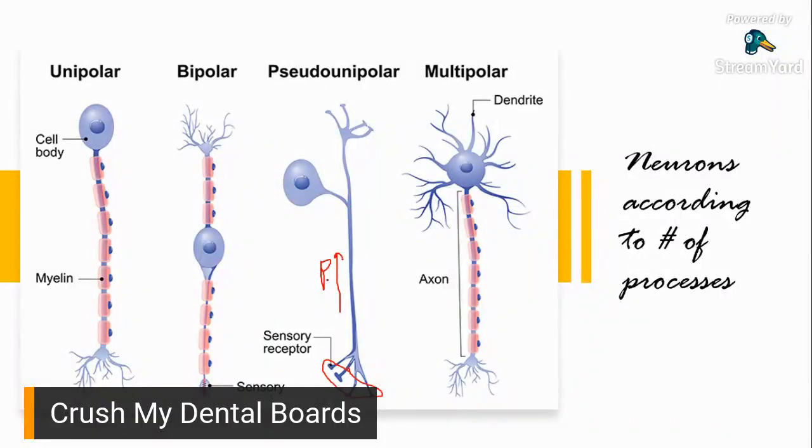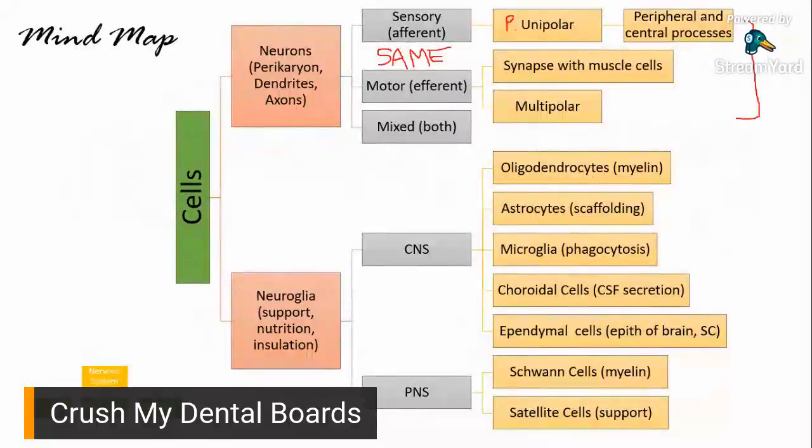That's your peripheral process towards the cell body. And then from the cell body, it sends information towards the higher centers, brain and spinal cord. So this is your central process. Peripheral, you see it on the sides. Central is the one that goes to your higher centers in the central nervous system.